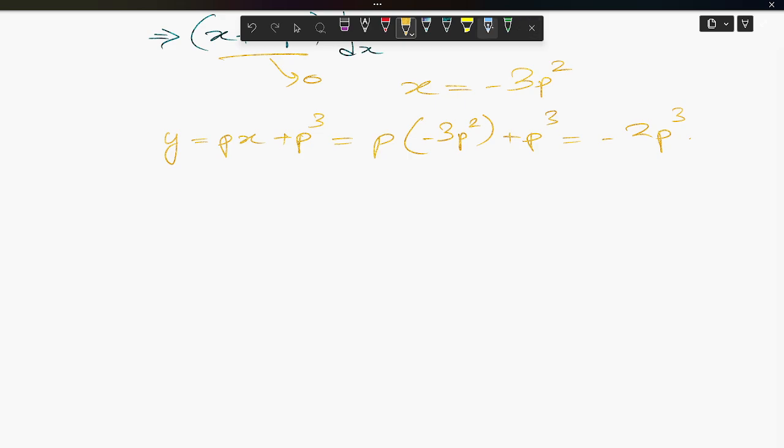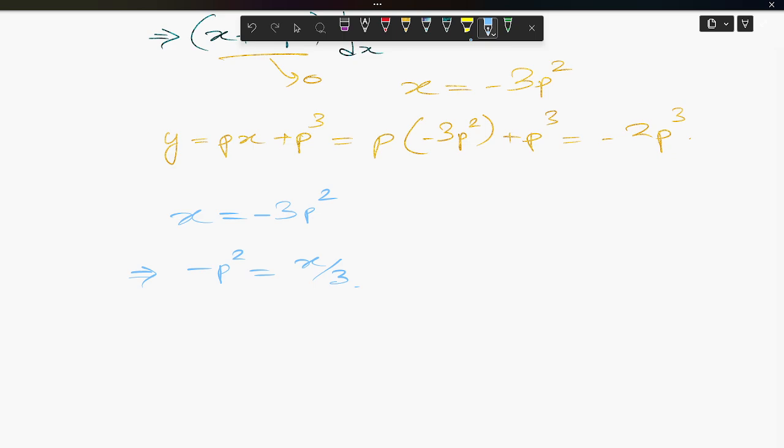So now let us take the value of p from both of the sides. So we will get x equals minus 3p square. So we can write that p square equals minus x upon 3.